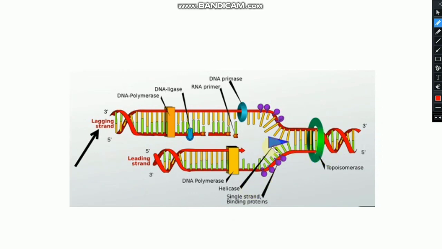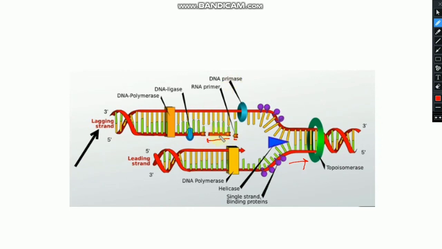The helicase enzyme comes here, and it works in this direction. Then the strands are separated from each other, and the primase enzyme binds on both sides and recruits the RNA primer. Then the RNA primer binds here, and the DNA polymerase starts synthesizing the new strand in this direction.